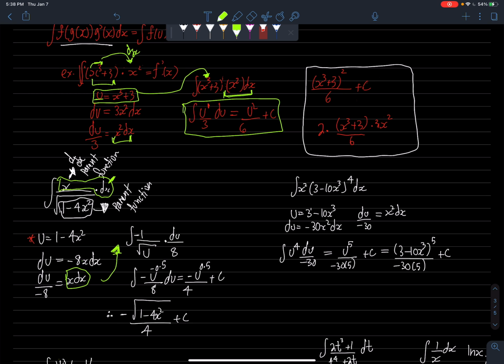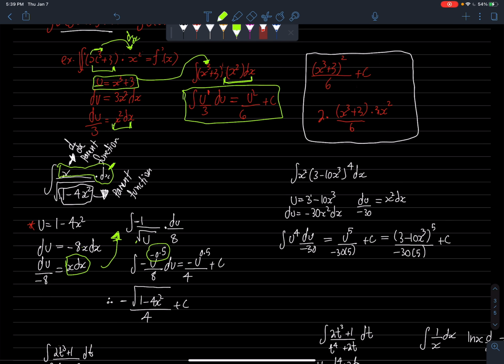And now to make it easier, instead of having a root here, we make it u to the -0.5. We integrate that using the reverse power rule, so -0.5 plus 1, you will get u to the 0.5, the negative is still there, divided by 0.5 times 4, so 4 plus c.